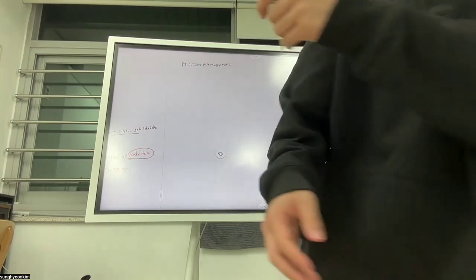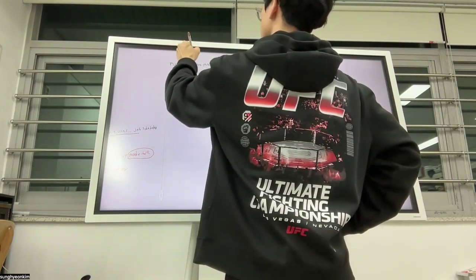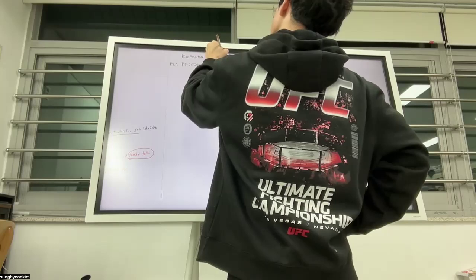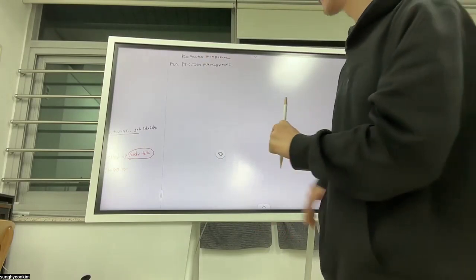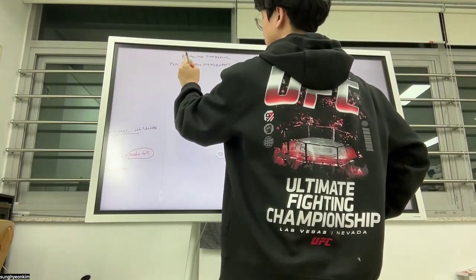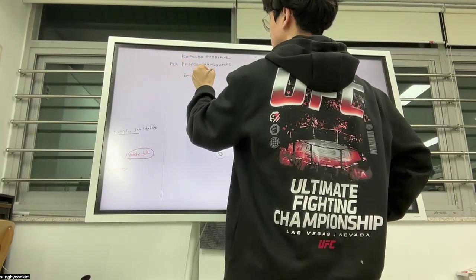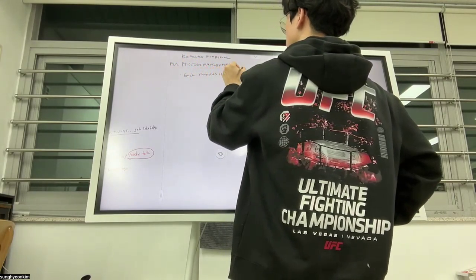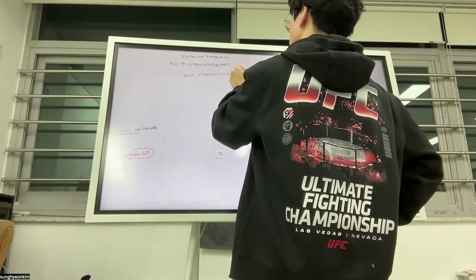From resource management it is page 24. For process management, an important thing is the program counter.